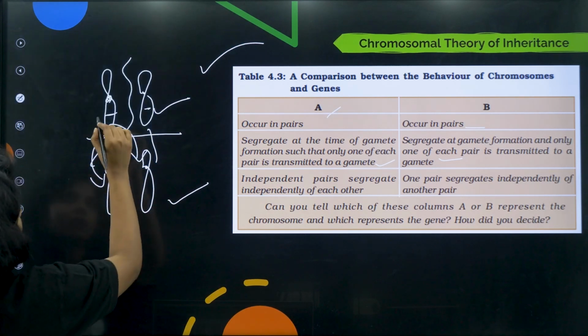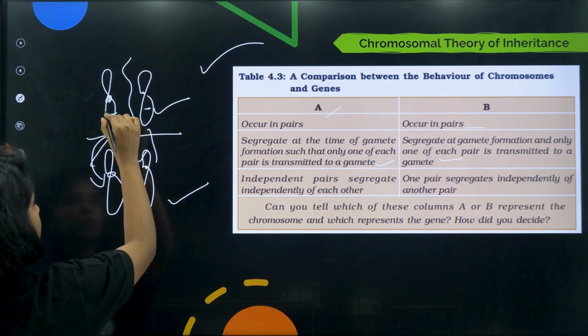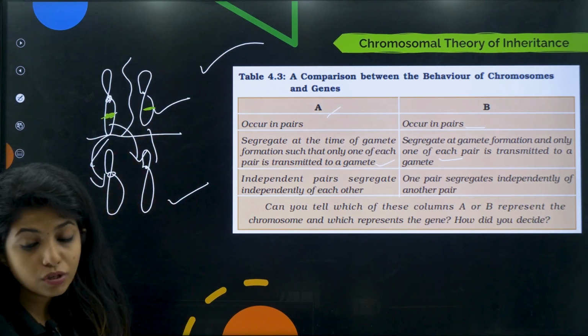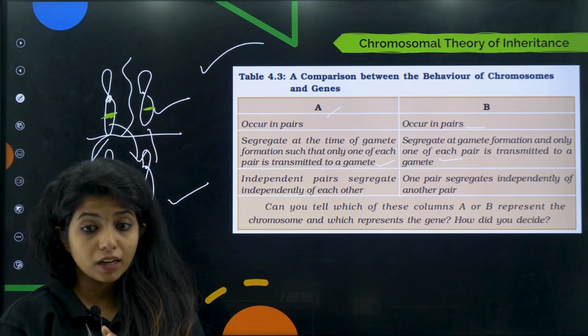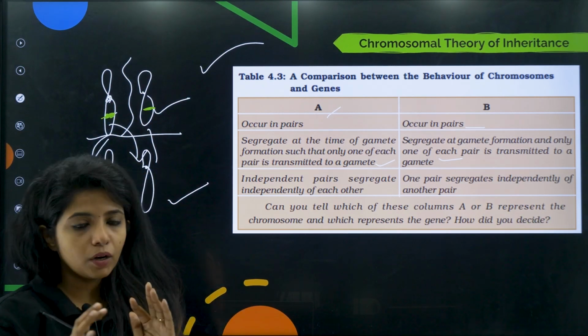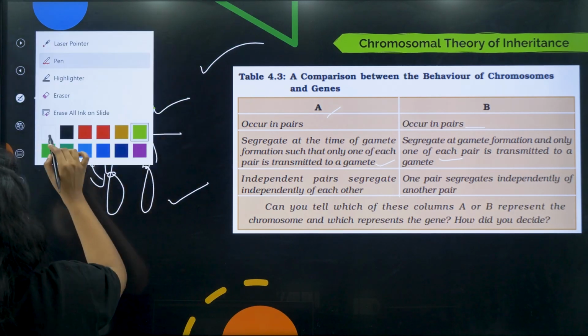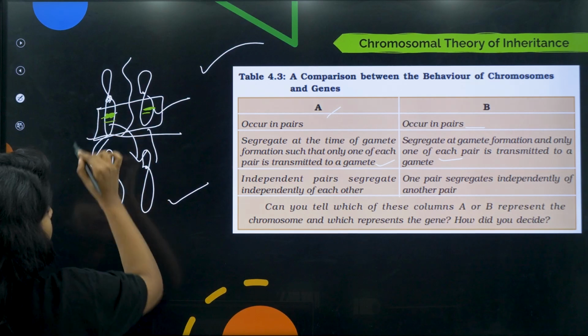That means if they were closely linked, that is basically they are dependent on each other, then they would not segregate independently, because they are closely linked.